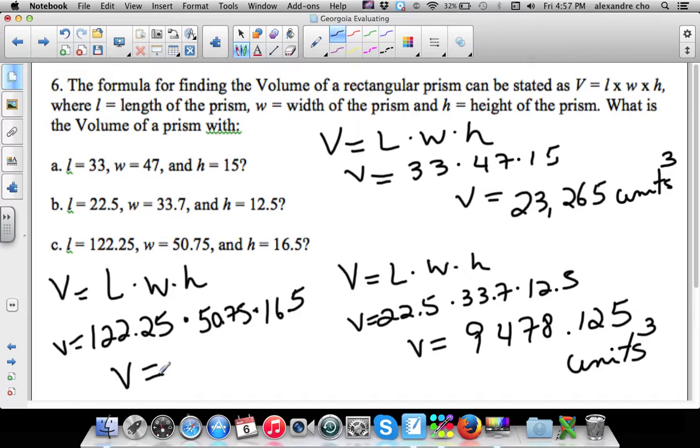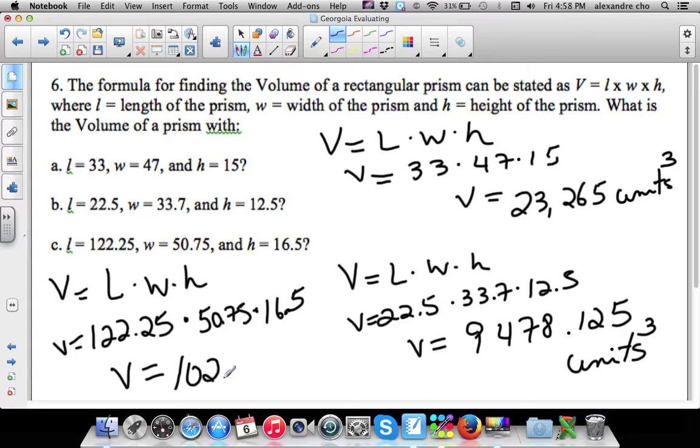Alright, I'll just multiply this again, sorry. 122.25 times 50.75 times 16.5 equals, and again they didn't ask us to round, so it's going to be some ridiculous number.